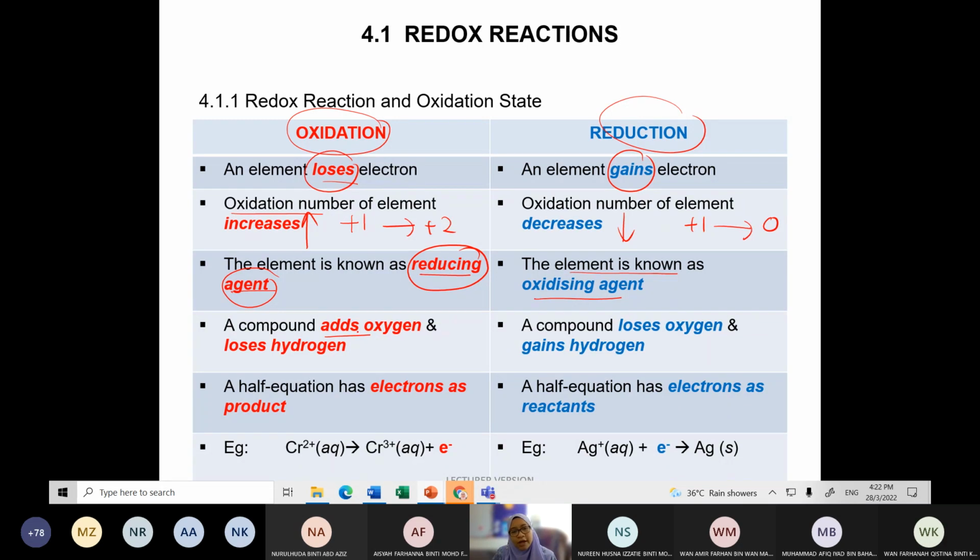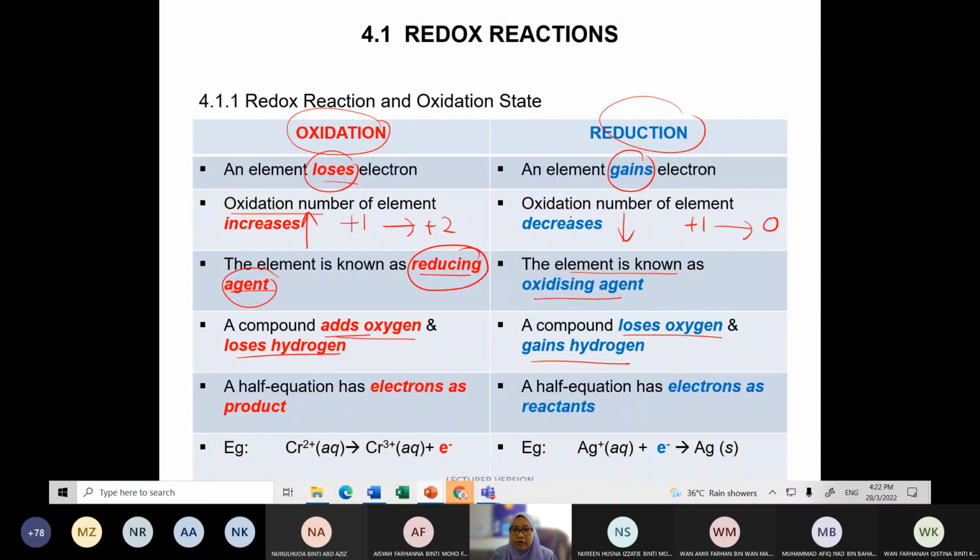So that is also an indication that an oxidation reaction has taken place. Ataupun dia tambah oksigen dan dia lost hydrogen. So reduction should be the opposite of oxidation lah.